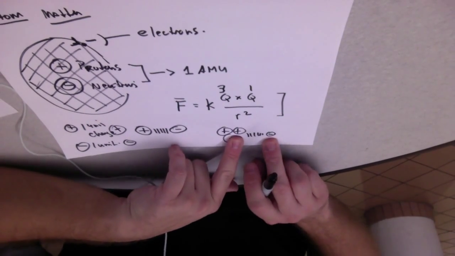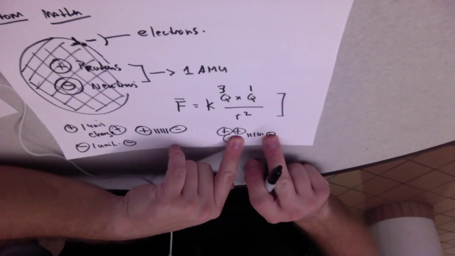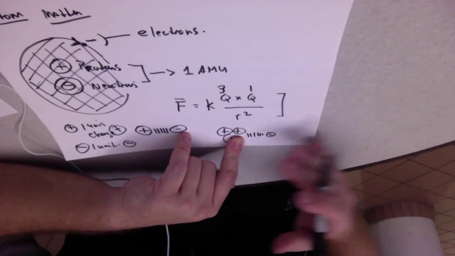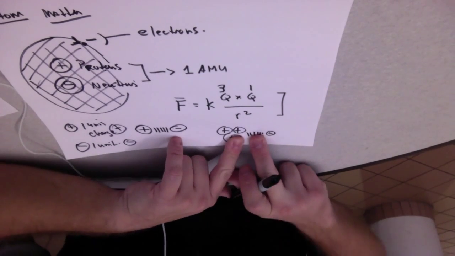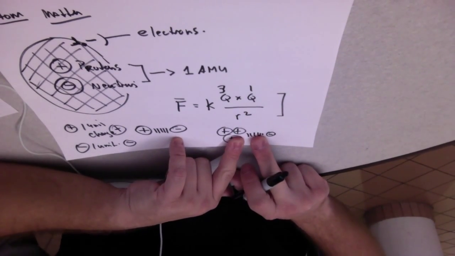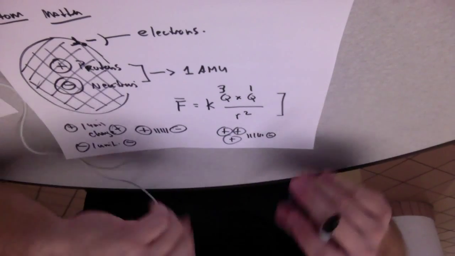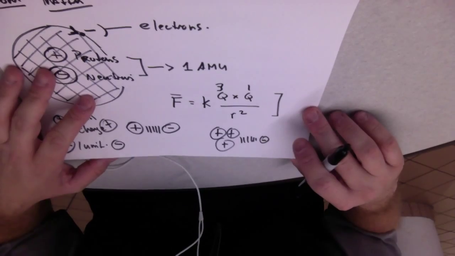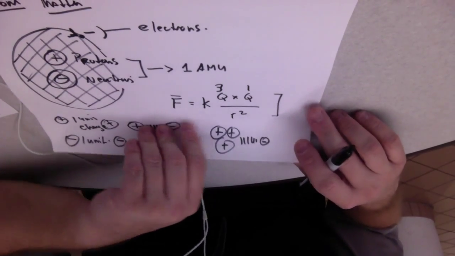Depending on how close the electron is to the nucleus, and we know that some atoms are really big and some electrons may be much further away from the nucleus, they're going to feel much less electromagnetic interactive force. So that's the basic idea behind what holds an atom together.